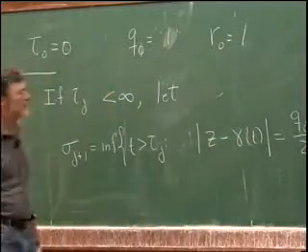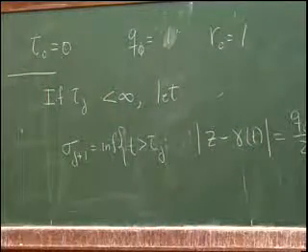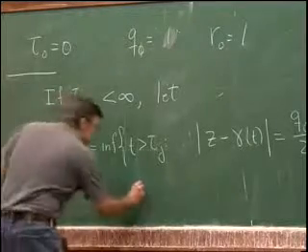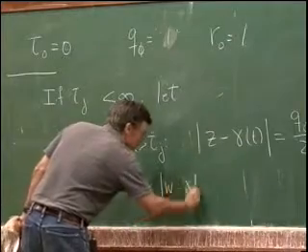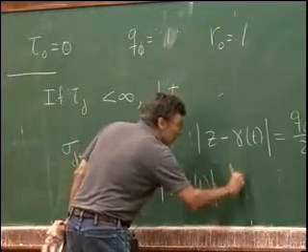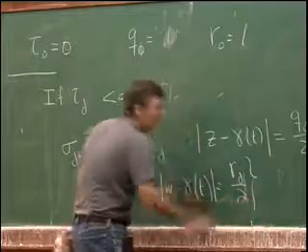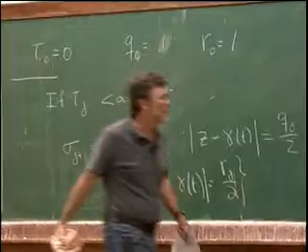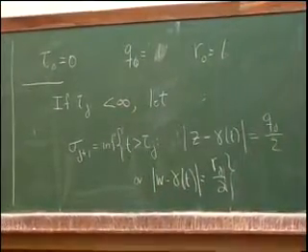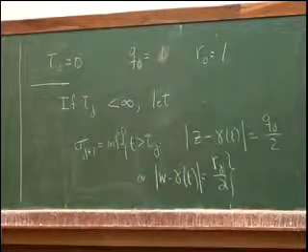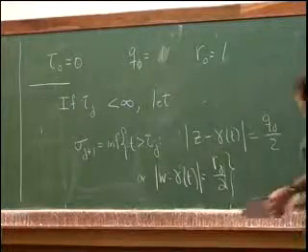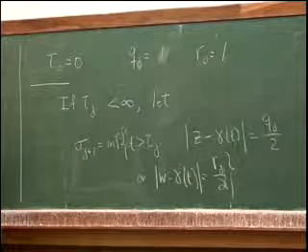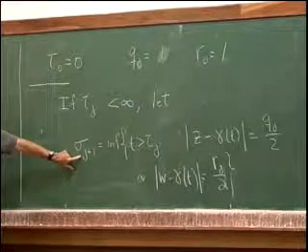Think of Qj as being the distance from the curve at time tau j. So that says I've gotten distance half better, or I've gotten there. So at this time, I've improved by a factor of 2 on one of the curves, but not the other.